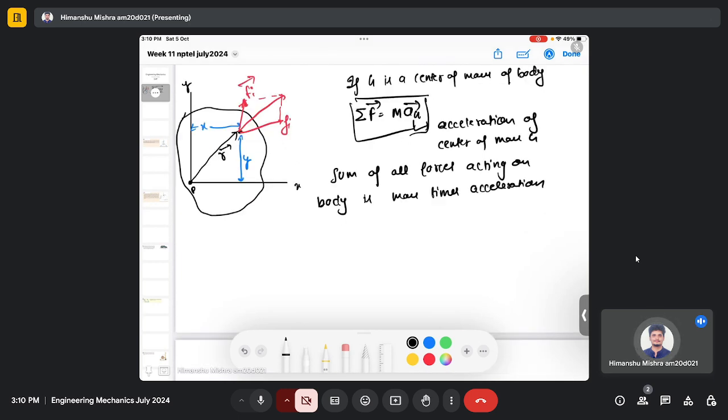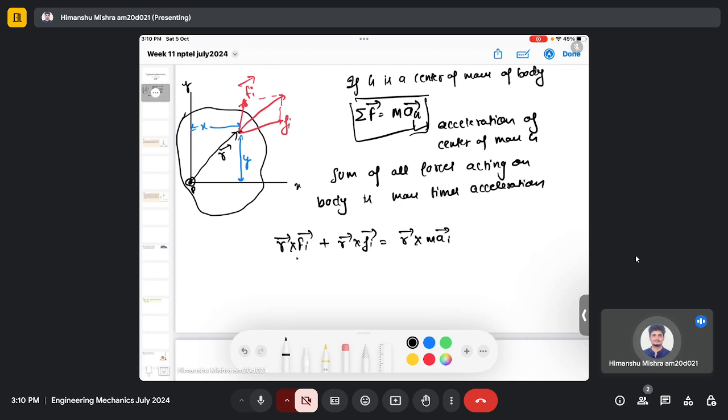Now let's say I am summing the moment at point P. So this is my point P and I am going to sum the moments from this point. Then I have r cross Fi plus r cross small fi equal to r cross m a, right?